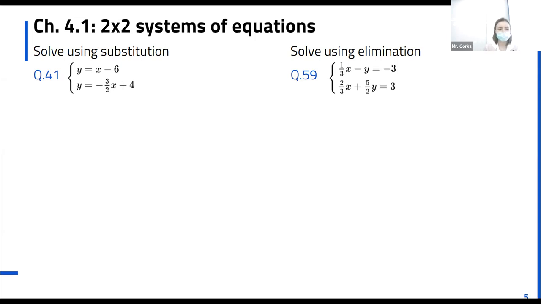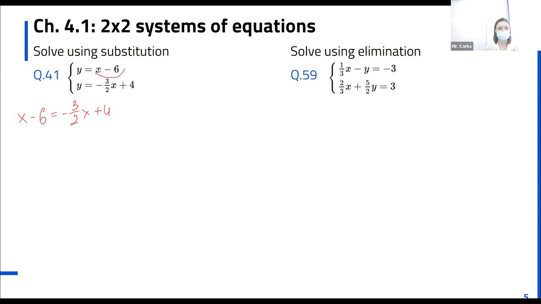Okay, seems that mostly we get the idea. So let's look at the first one. Here we have the most convenient situation when we have isolated y for both parts. So let's just substitute. So x minus 6 equals minus 3 over 2x plus 4.